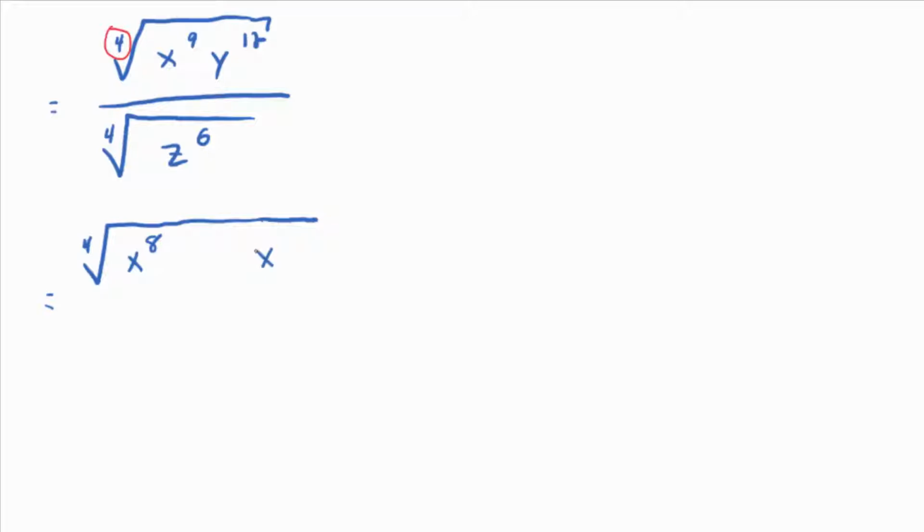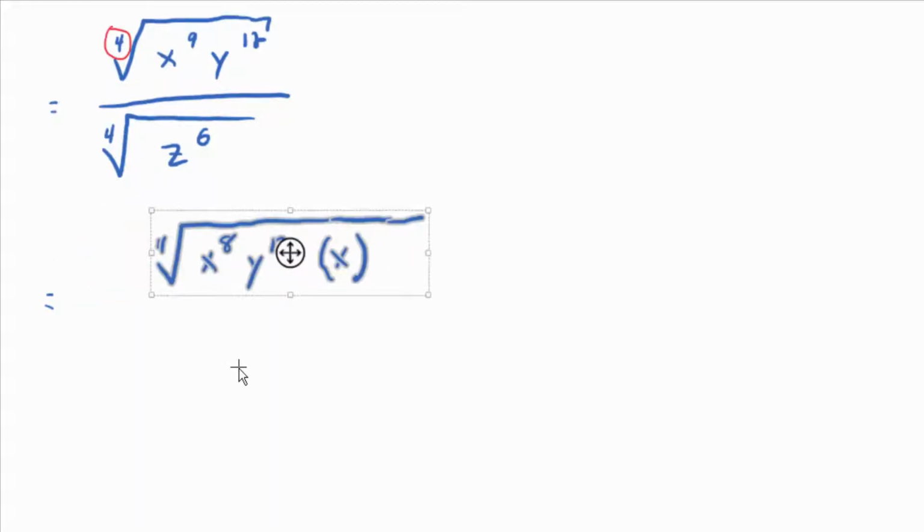So I'm going to write that over here, kind of off to the side. The non-perfect fourth power factors I like to separate. What about y to the 12th? It's already a perfect fourth power, isn't it? So I'll leave that as is. And then if I want to go ahead and do it all at once, what can I pull out then?